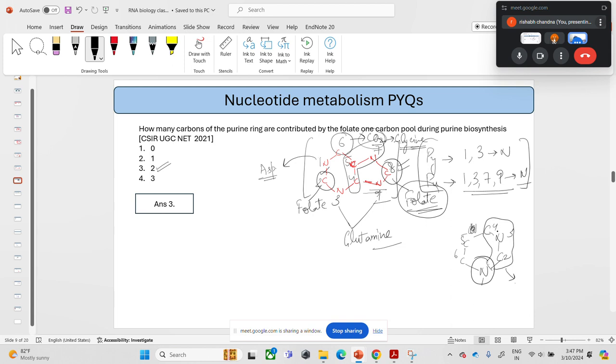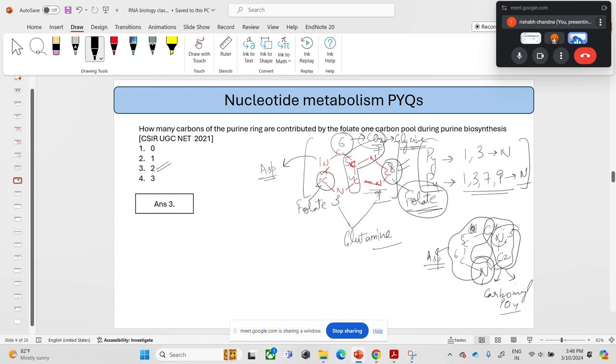From here to here, it is provided by the aspartate molecule. These two atoms are provided by the carbamoyl phosphate, and carbamoyl phosphate is formed from glutamine and bicarbonate ion.